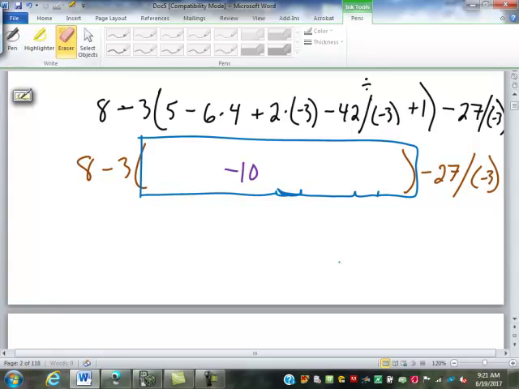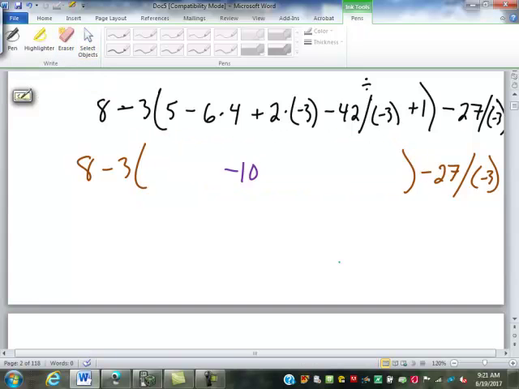Now, once we have reduced that parentheses to a single number, we don't need the parentheses anymore. However, when I rewrite this problem, they're still there. Why are they still there?